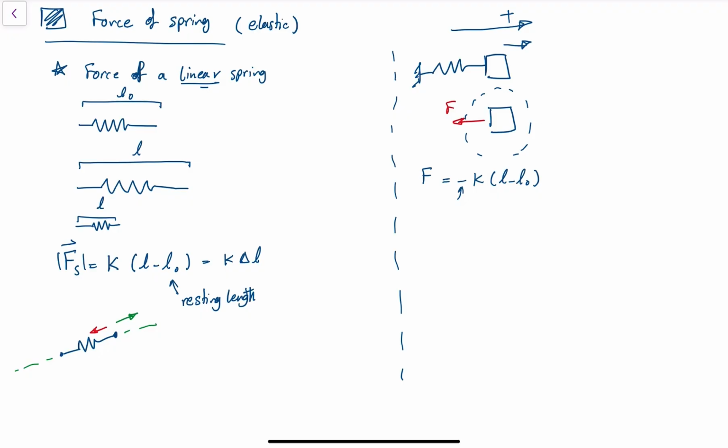If the spring is linear, the magnitude of the force is proportional to the change of length relative to the resting length. And depending on the direction of the force, either compression or elongation, you need to take into account the correct sign and direction. So that is all I wanted to say about the spring.